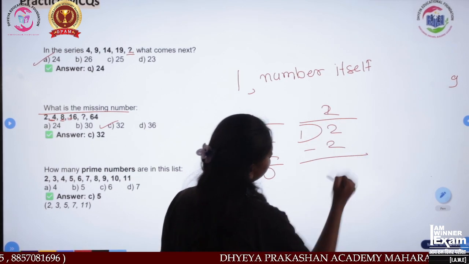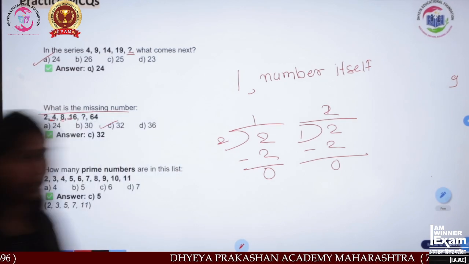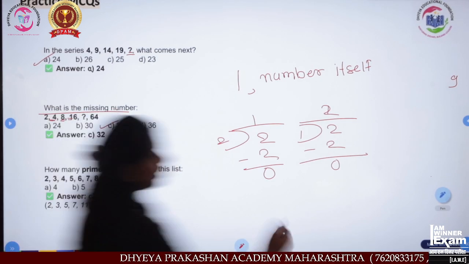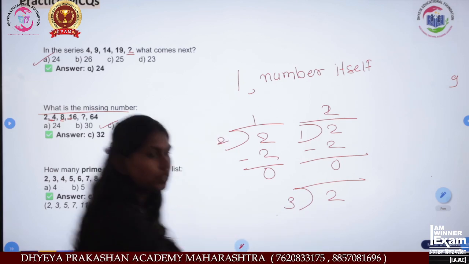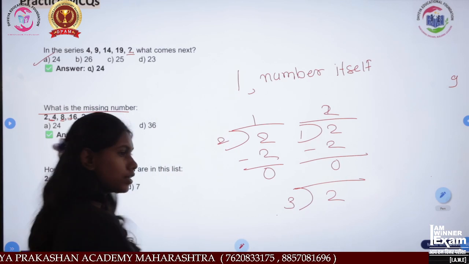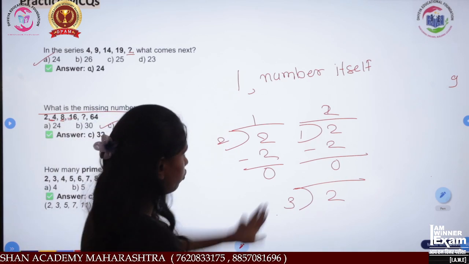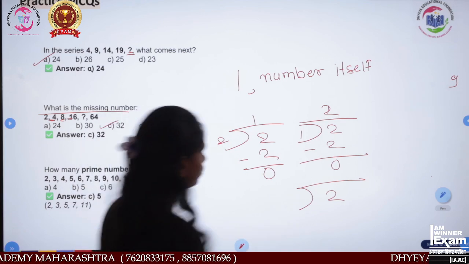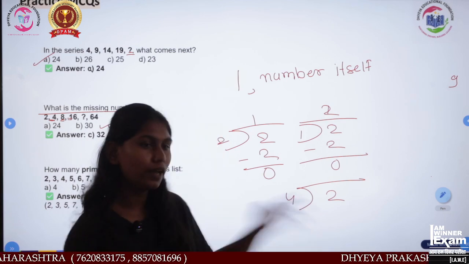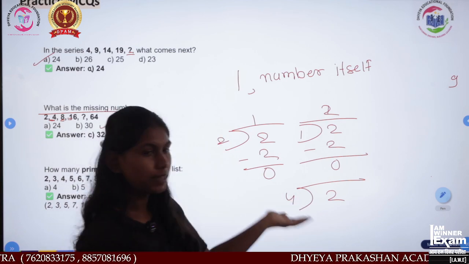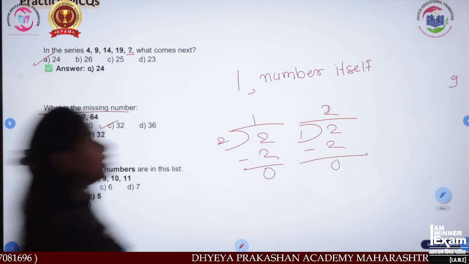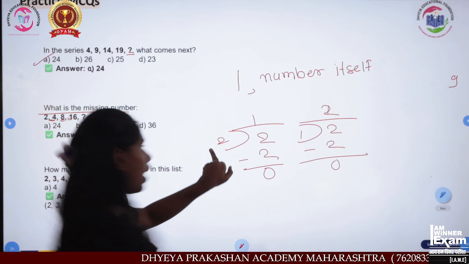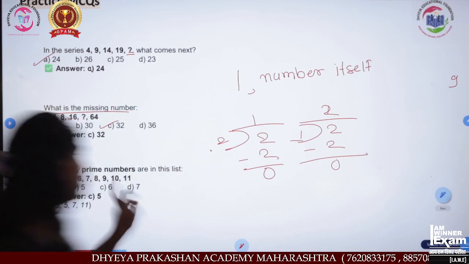But if you take 2 and 3, this is not possible, because the 3 table starts from 3. If you take 4 here, it is also not possible, and the same for 5, 6, 7, 8, 9, 10, up to whatever you want. The 2 is divisible by 2 itself and 1. Okay, so 2 is a prime number.